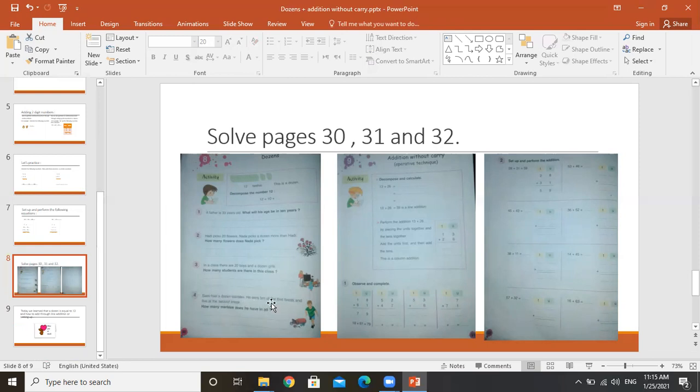You should add the number of marbles that he wins on the first break and on the second break. So here we have 10 plus 5, which is equal to 15. And then you should add the 15 with a dozen. So write the equation, then write the complete answer.